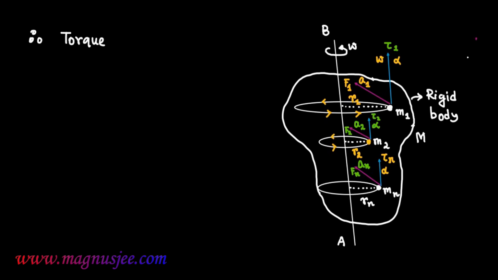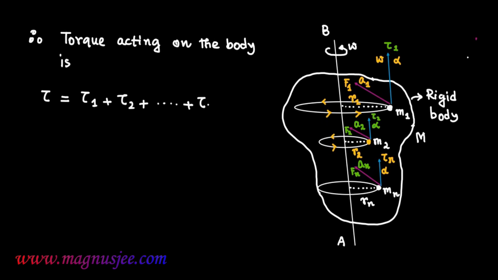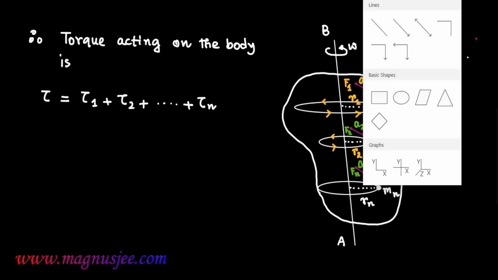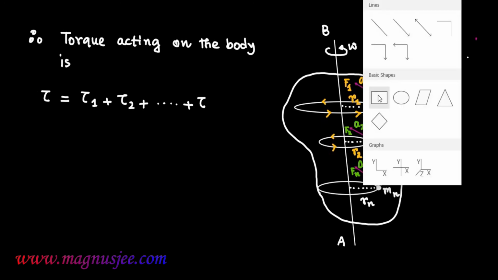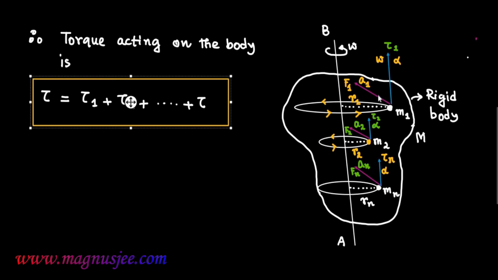Therefore, the torque acting on the rigid body is tau equals the sum of torques acting on the constituent particles. That means tau equal tau1 plus tau2 plus tau n. That is equation 1.